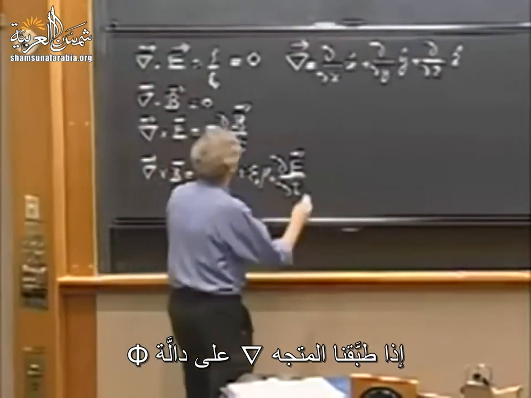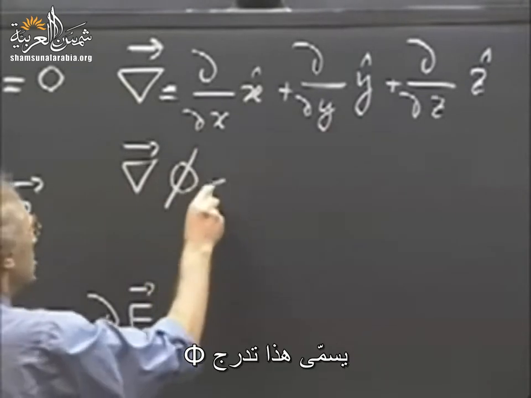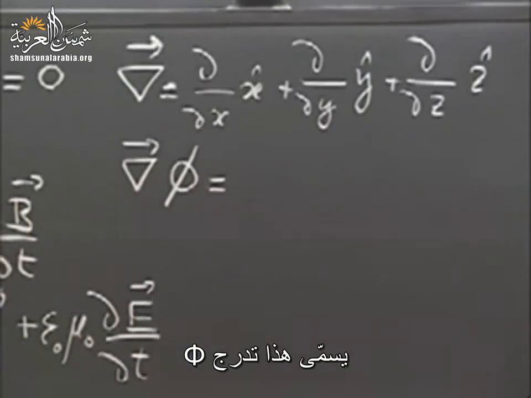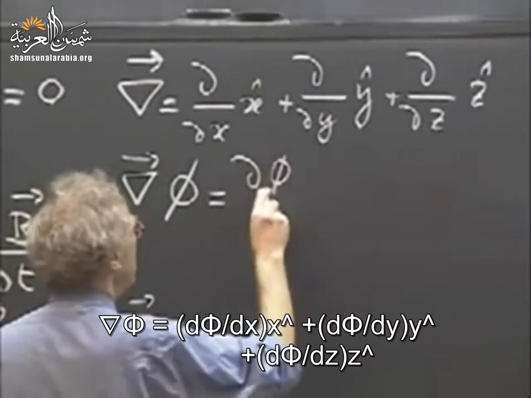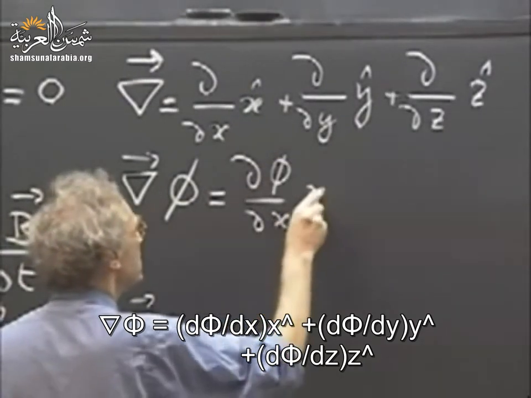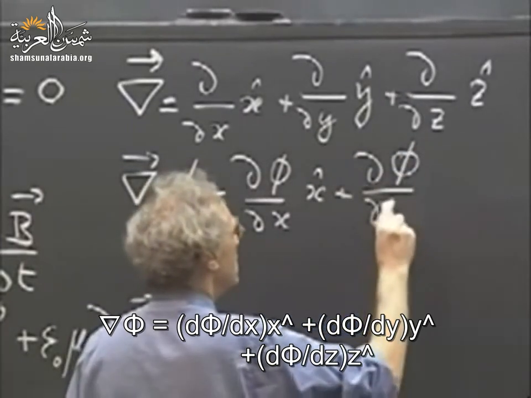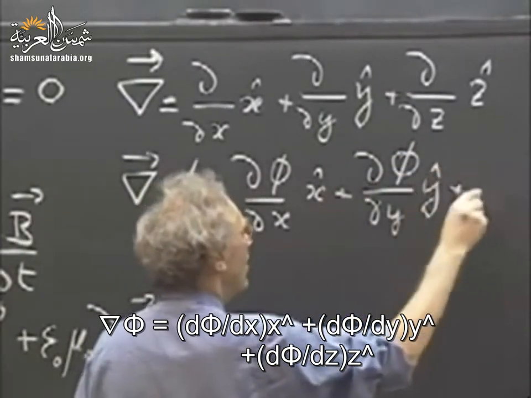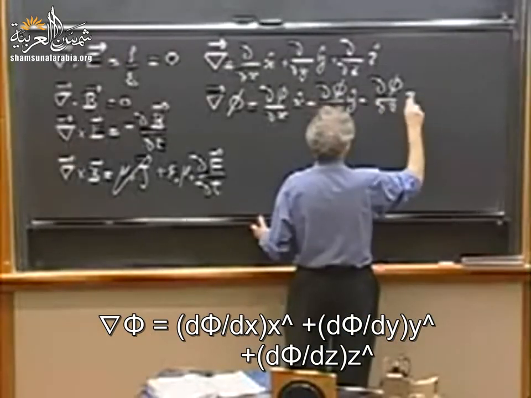If you apply the del vector on a function, phi, this is called the gradient of phi. That's a vector. That is d phi dx, x roof, plus d phi dy, y roof, plus d phi dz, z roof.